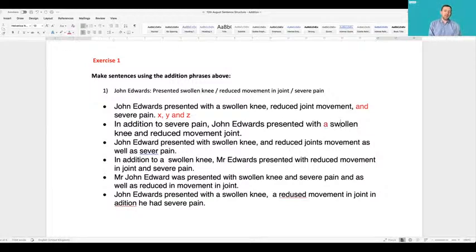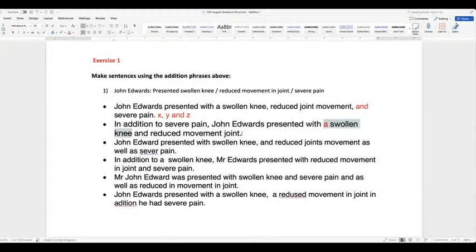Now, is there any way to do this swollen knee without "a"? Can you think of a way to do that? Is it if you switch it round? Knee swelling, yeah.